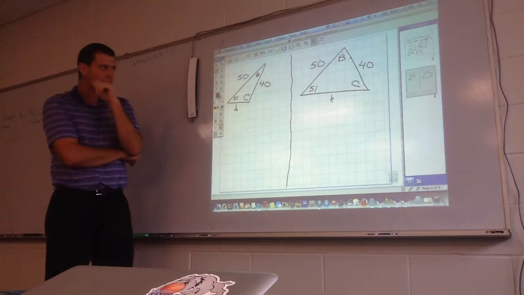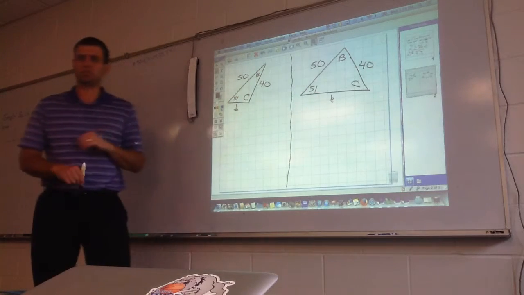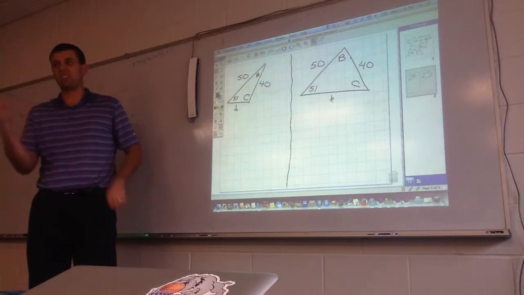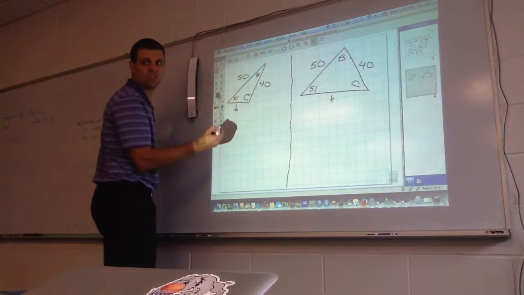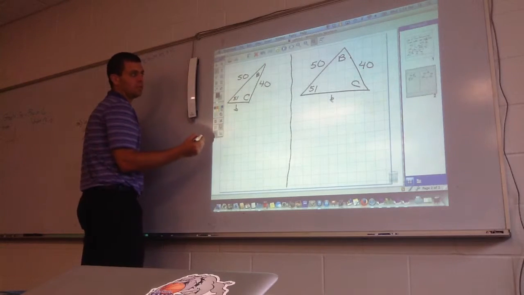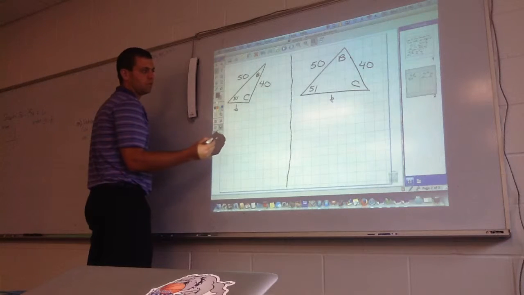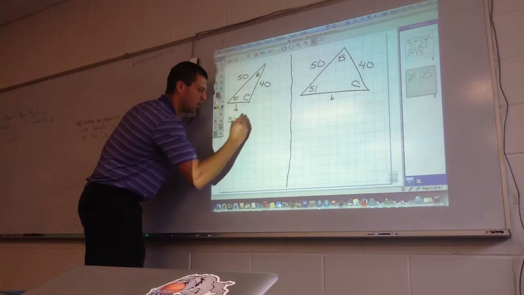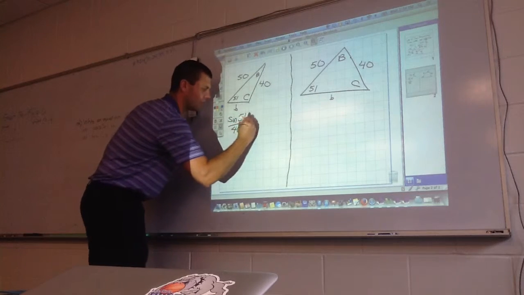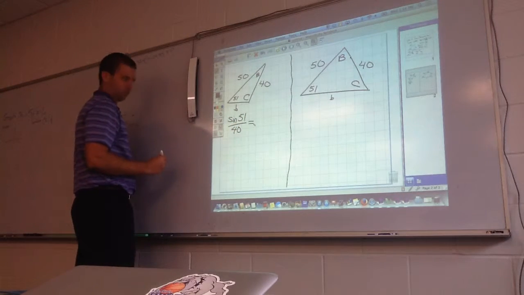Okay? Doesn't matter which triangle you start on. Either way, your setup's going to be exactly the same. I'll show you. So what would I write to help me solve for angle C? Sine of 51 over 40 has to equal the sine of C over 50.